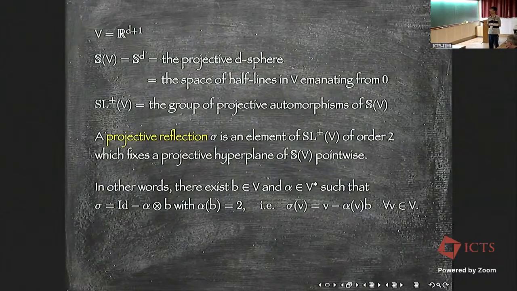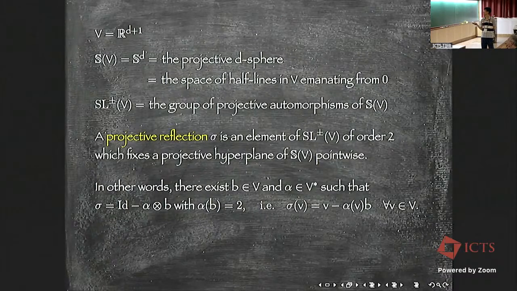Pointwise. Then, of course, we can write this reflection: sigma is simply the identity minus alpha tensor b, where b is a vector and alpha is a linear form, or linear functional. Simply with alpha of b equal to 2. In other words, sigma v, where v is any vector, is v minus alpha of v, which is a number, times b.